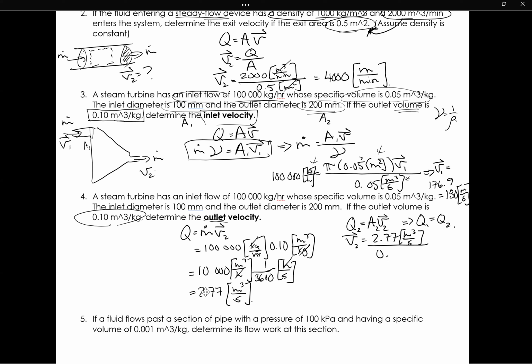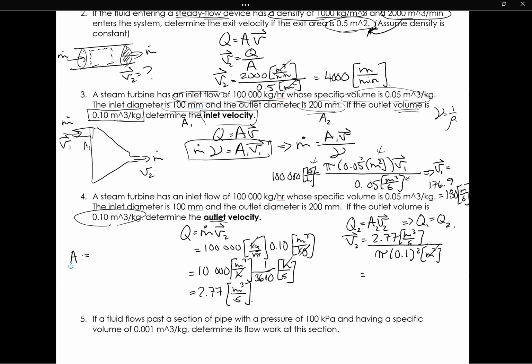Let's see, area. I had to calculate it. So the area A2, don't like doing math over here. Actually, I'm not going to do it over here. I'm going to do it right in the problem. A2 is down here, so that's going to be pi times 0.1 squared meters squared.